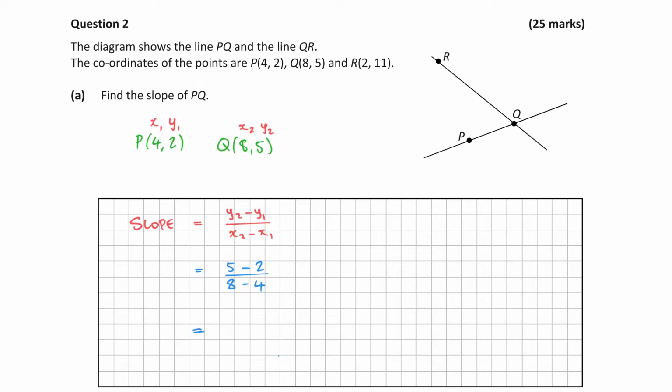So that simplifies down to 3 over 4. And had you said 3 over 4 there, you would have got 10 marks for that question. So 10 marks.